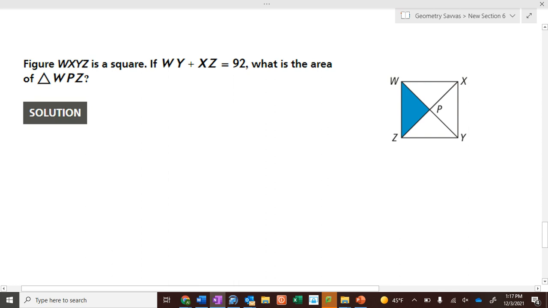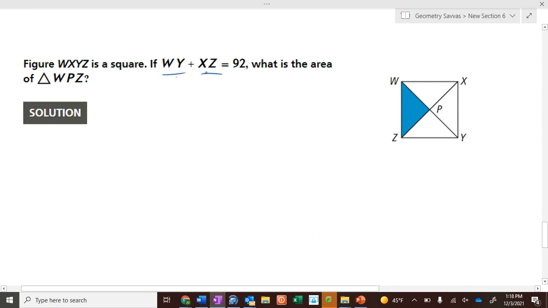All right. From W to Y and from X to Z, if you add those two up, they add up to 92. If this is a square, it's also a what? Rectangle. And a rhombus. But in this case, we're worried about it being a rectangle. So the diagonals are equal to each other.